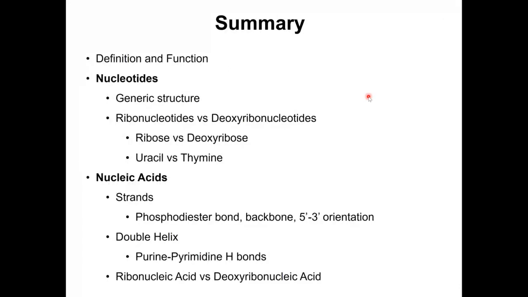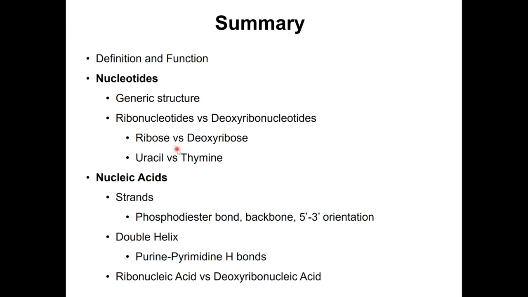So summarizing here, this lecture is basically done. What we talked about here is nucleotides and nucleic acids. So first we defined what nucleic acids are and the function of nucleic acids and nucleotides. Then we started with the structure of nucleotides. We talked about the generic structure shared by both ribonucleotides and deoxyribonucleotides, and then we discussed the differences between them.